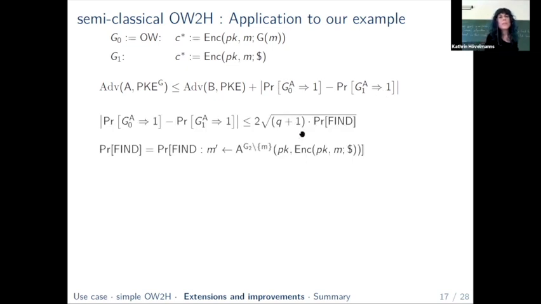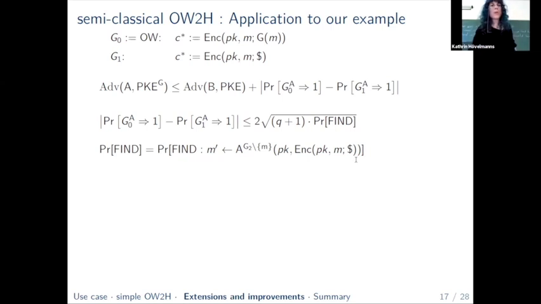So what we do know is that we can upper bound the distinguishing advantage by this bound. And to make it more explicit, the probability of find is the probability that find occurs when A is run with the punctured oracle on M and has as input a public key and a random encryption.